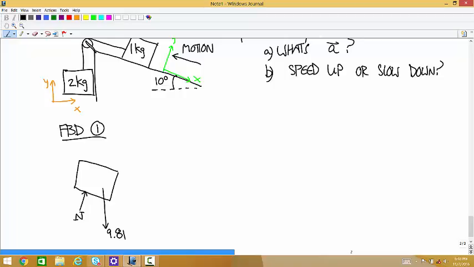Since the velocity vector is up the ramp, the friction force has to be down the ramp. And that has a magnitude of 0.2 times N. And then if we include a little stump of the cable, the tension force is right out of the stump, and it has a magnitude of T.